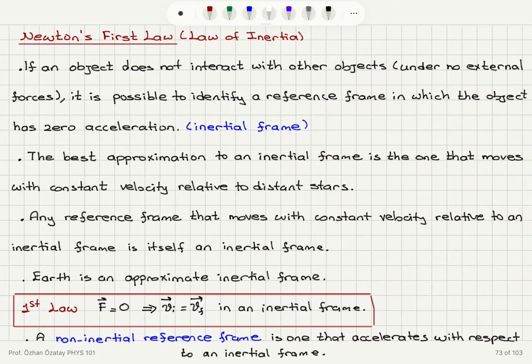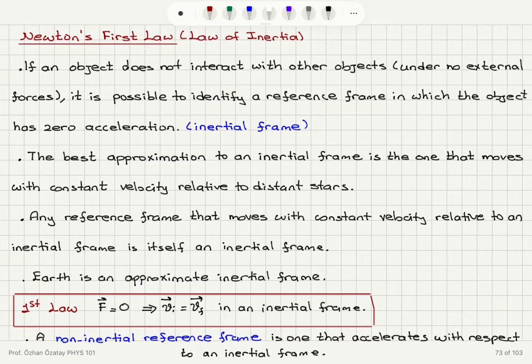This is called an inertial reference frame. So if an object is subject to no external forces, or total zero external force, it's going to have zero acceleration as viewed from an inertial reference frame.